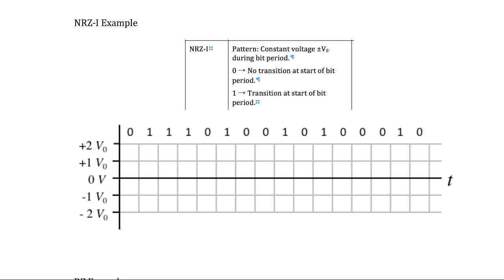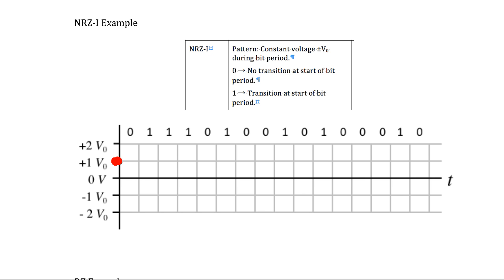And here we have to know what the previous voltage was. So for example, here on the 0 I have no transition, but no transition from what? Was it plus or minus V in the previous bit period over here that we don't have? And I'm going to assume it was plus V as a starting point.